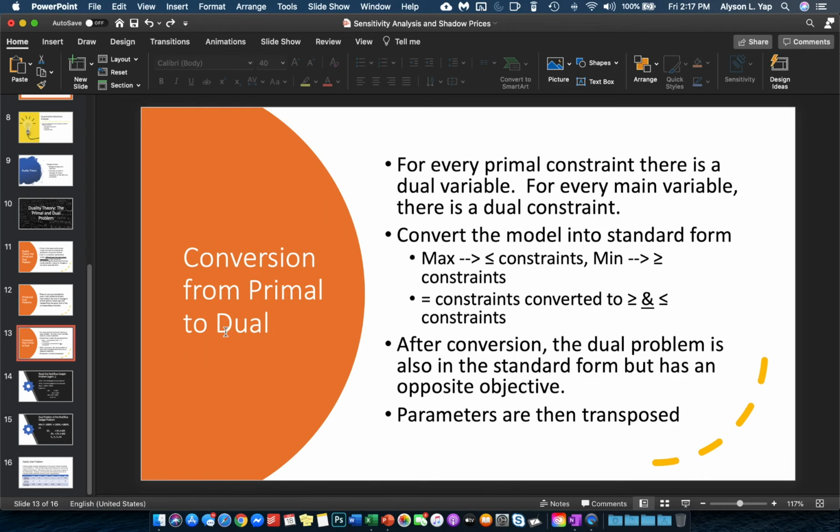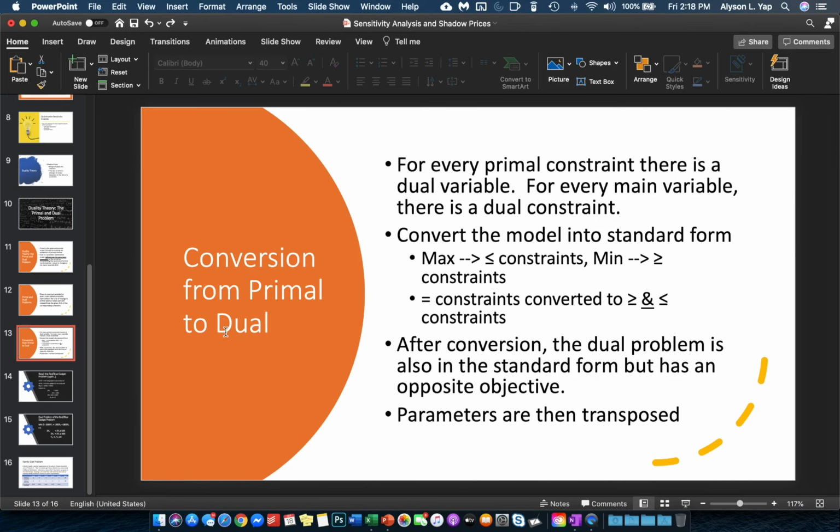And in order to finally get the dual problem, all you have to do is get the parameters or the coefficients in the primal problem and transpose. What do we mean by transpose? For every row in the primal problem, it becomes a column in the dual problem. For every column in the primal problem, you will convert it into a row in the dual problem.